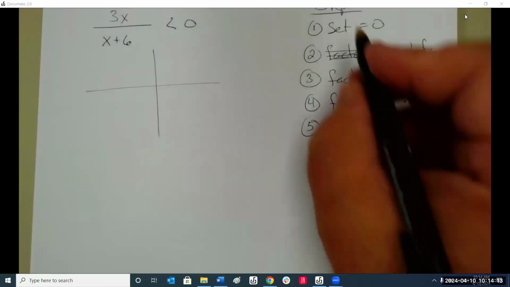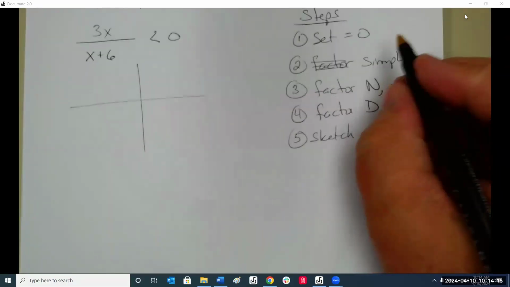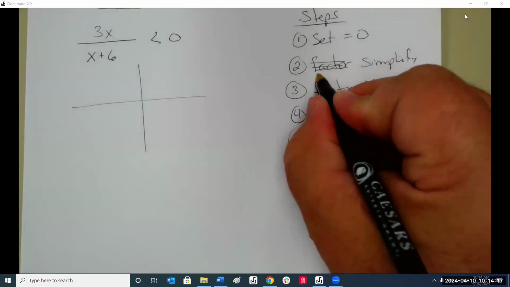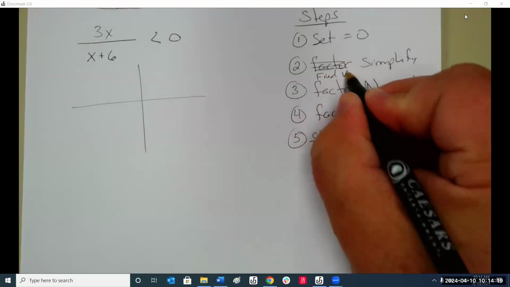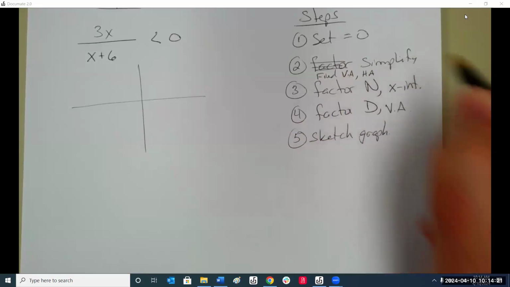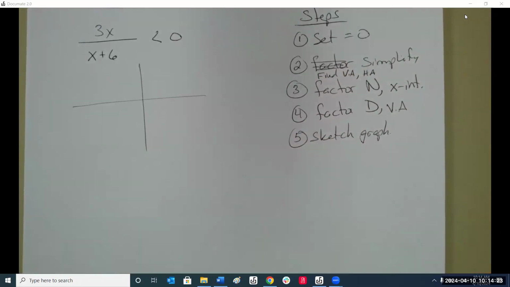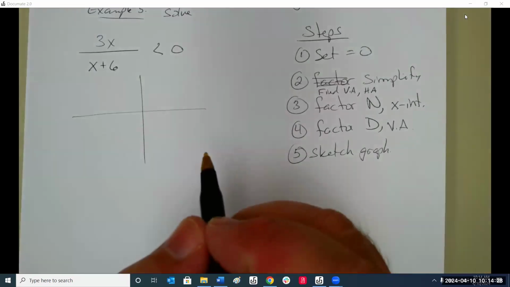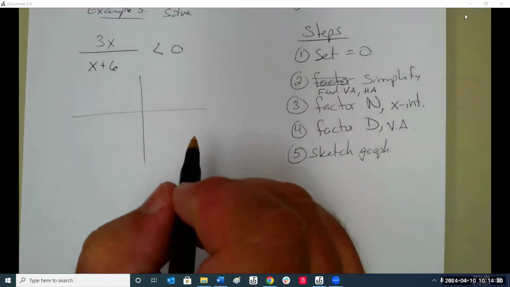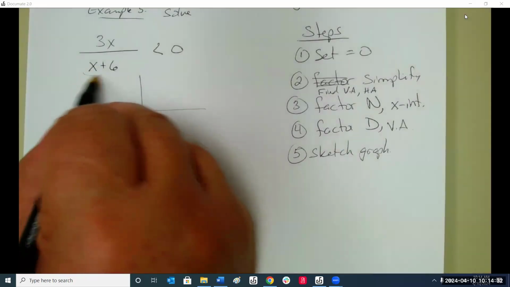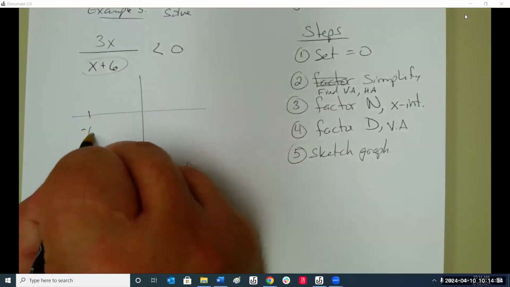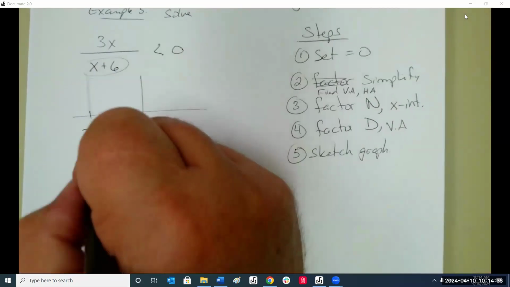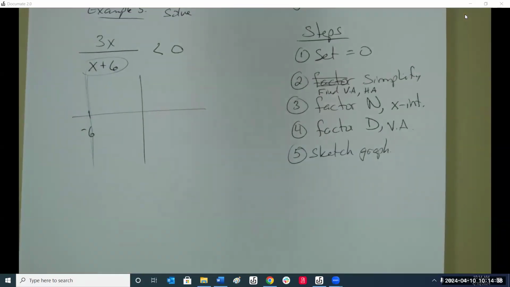Actually, we also find the vertical and the horizontal asymptotes. So do we have a vertical asymptote? Where? Right, so the bottom equals 0, we have it at -6. Do we have a horizontal asymptote?